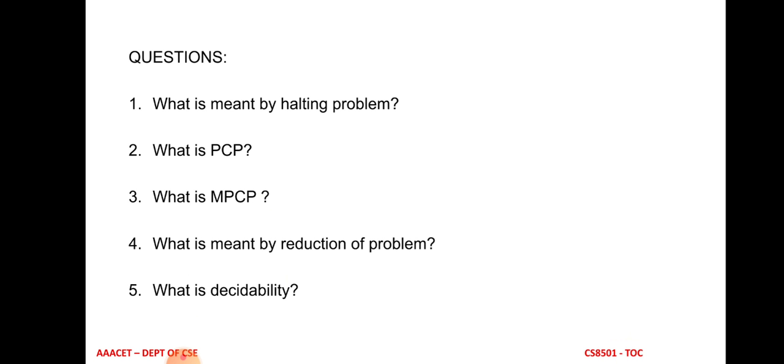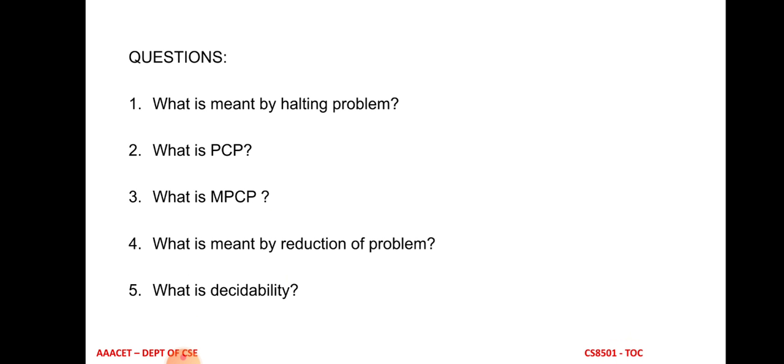So our aim is that the problem have to be reduced, and reduced means the problem should become decidable. So the undecidable problem can be converted into another problem by using some algorithm, that is PCP.